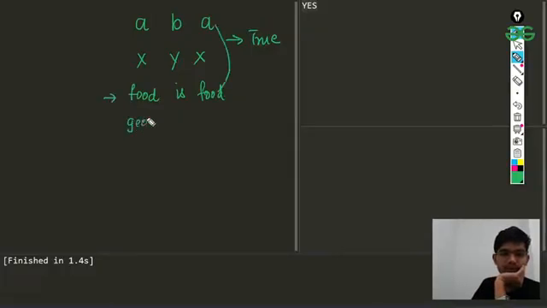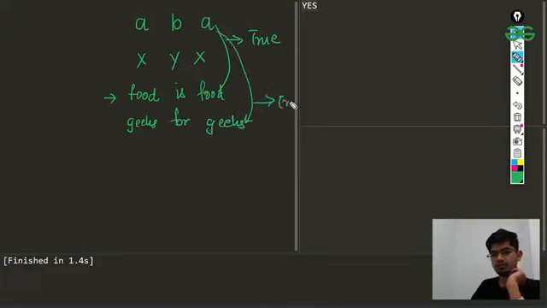Suppose it is something like geeks for geeks, so it should also return true in this case. This is again a similar type of problem, and instead of characters, we'll be having geeks here. So that is the assignment problem.